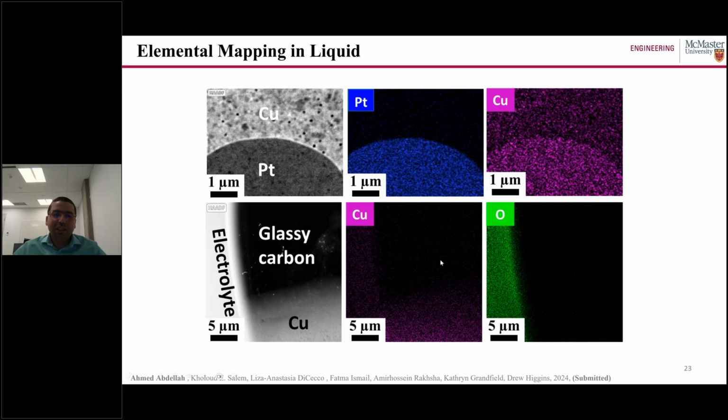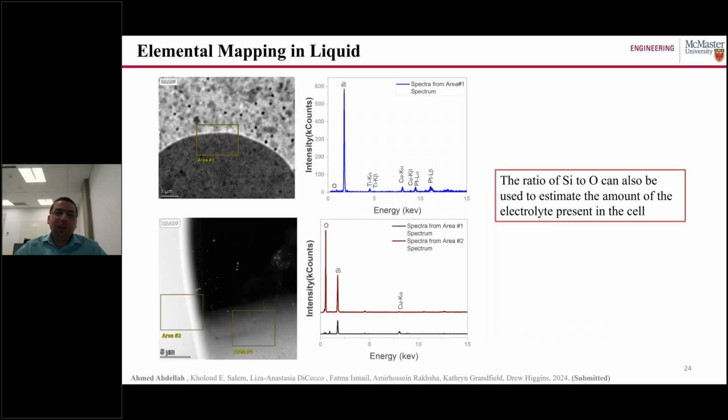You can also easily see the presence of the electrolyte around your working electrode by doing mapping for the oxygen. And the very critical point here is the oxygen peak. If you do some spectrum here in two areas, area 1 and area 2, you can see that the ratio between the silicon nitride and oxygen can give us an indication about whether your electrolyte is in contact with your working electrode.